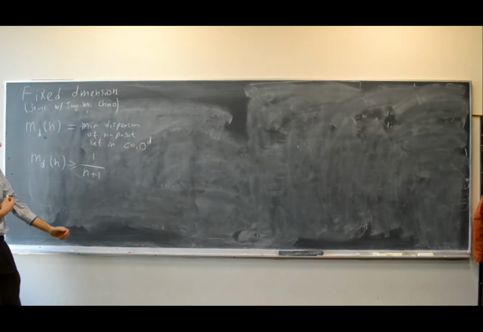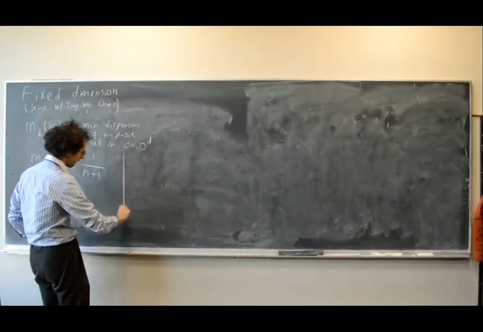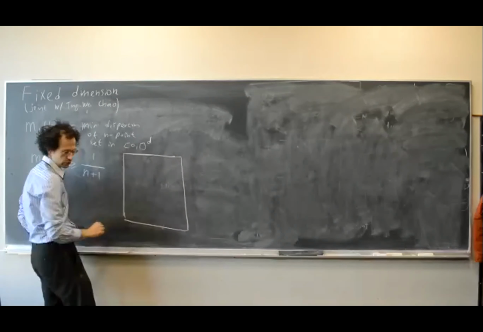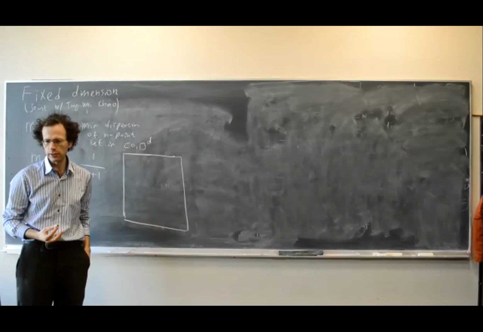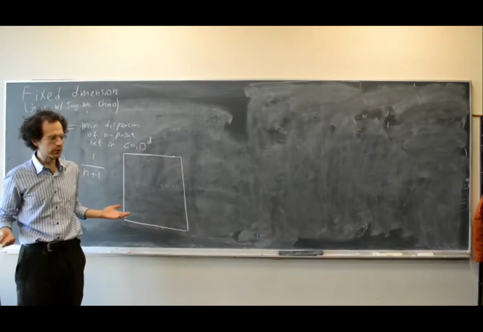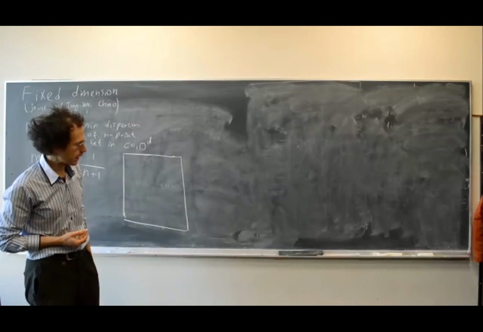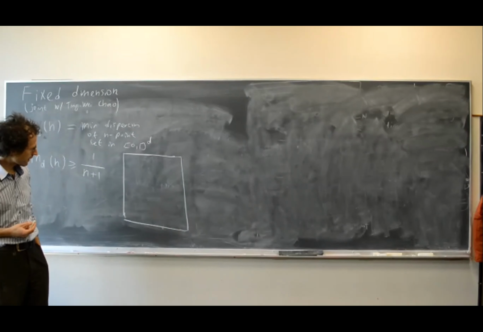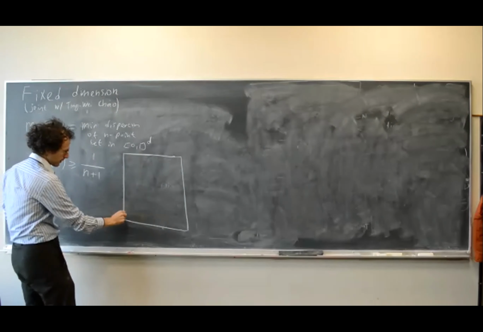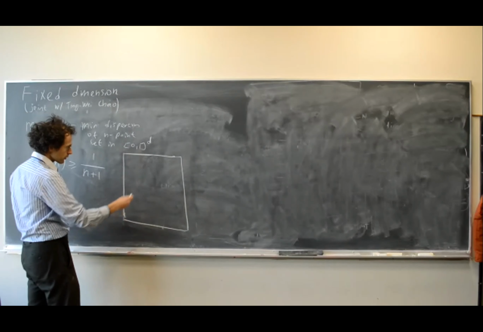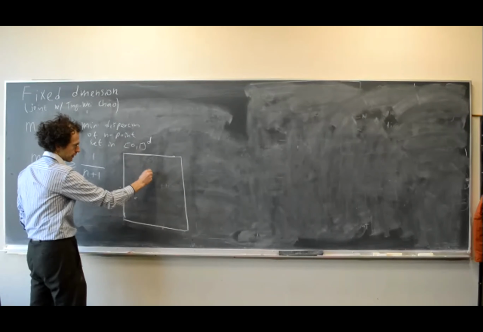Let me just do a proof by picture. My pictures will be in dimension 2, simply because my board is two-dimensional, but we haven't upgraded it yet. But what I'll be saying will be in a general dimension. So this bound is okay.